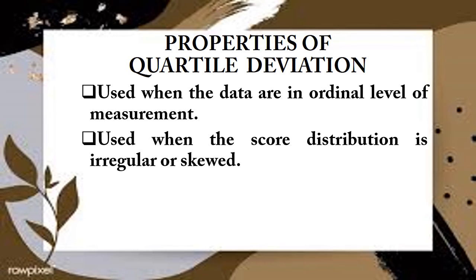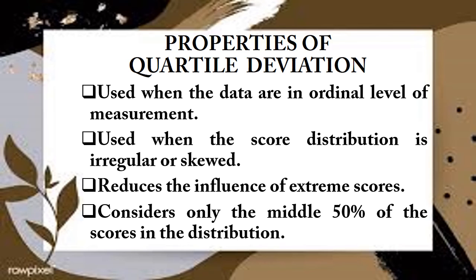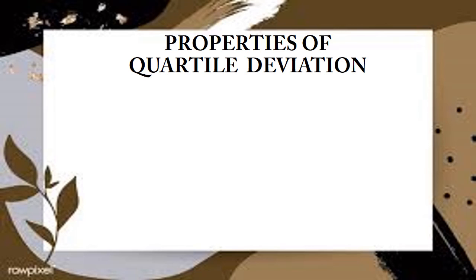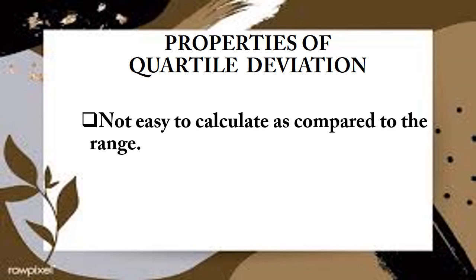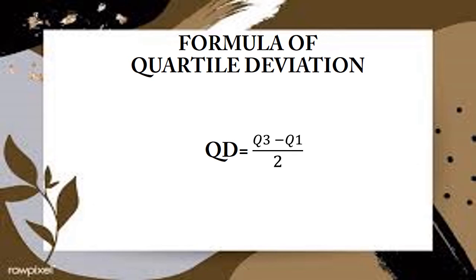Second, used when the score distribution is irregular or skewed. Third, reduces the influence of extreme scores. Considers only the middle 50% of the scores in the distribution. Not easy to calculate as compared to the range. The point of dispersion of the score is the median value.